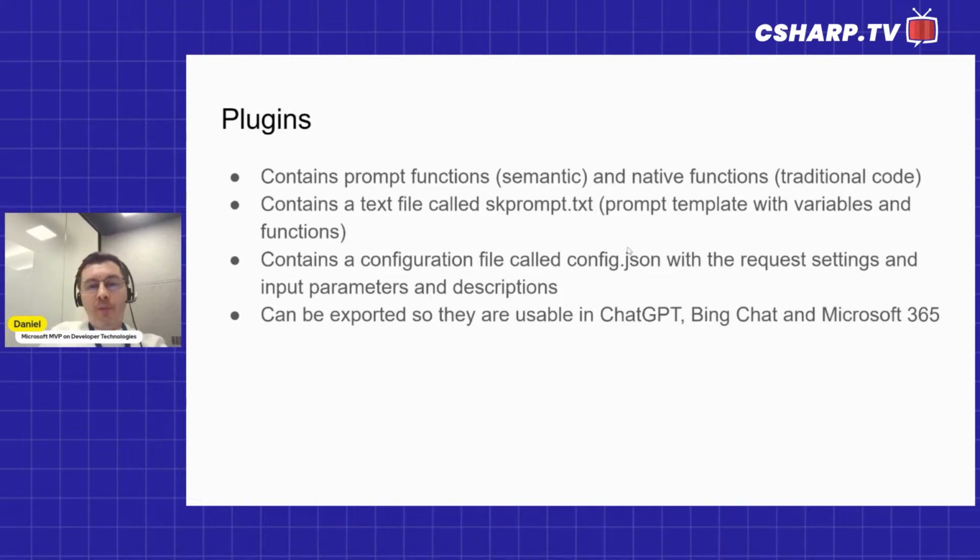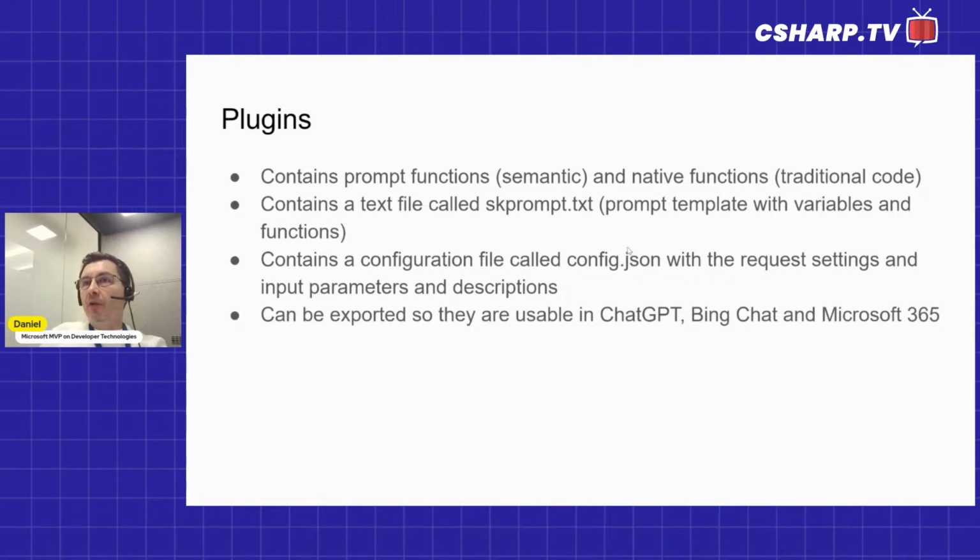But we are not limited to that, because these large language models were trained using some data which are not very current. So in order to work with real-time data, we need to do, for example, some search on the internet. And for that, we need some native functions to call some endpoints.